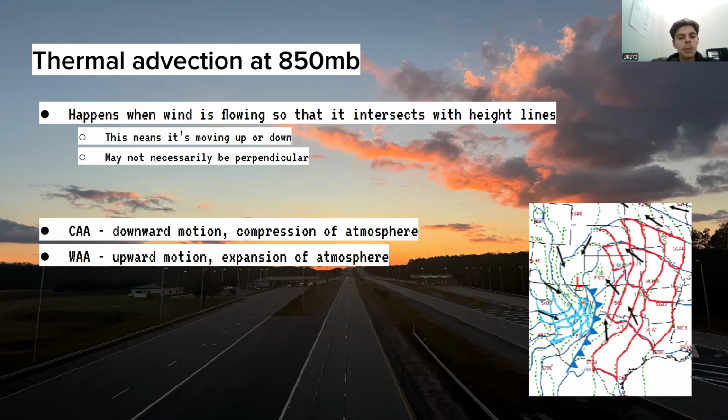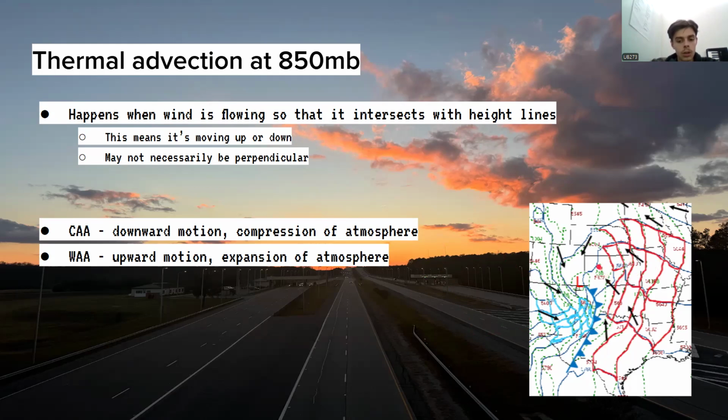Thermal advection. Basically, this is going to happen where the wind, where it's flowing, is going to intersect with the height lines. This means that the wind is actually moving up and down in height instead of just at the same height. It's not going to necessarily be perpendicular. So you can see this example, the way this wind's flowing is not perpendicular exactly.